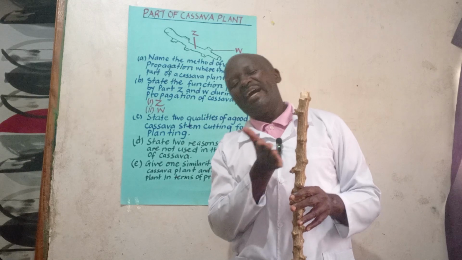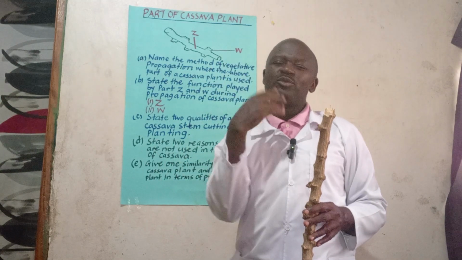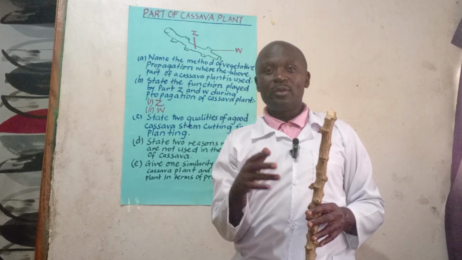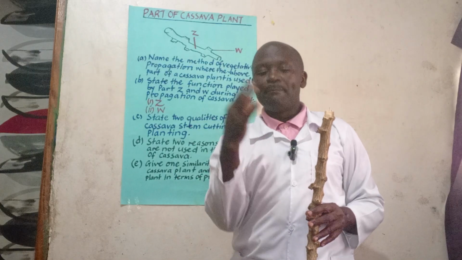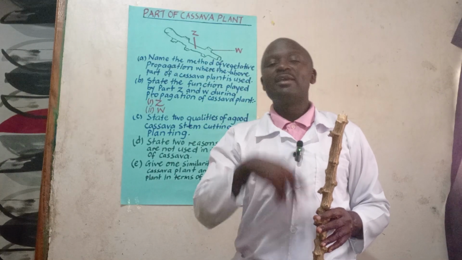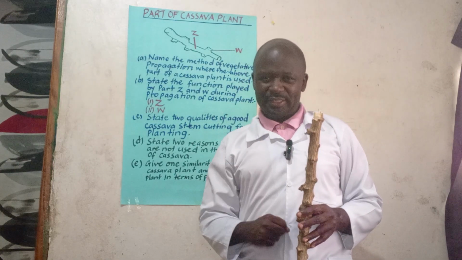Then now they will ask the opposite of the stem cutting. They want to see whether the teacher helped these learners to know that much as cassava plants have seeds, why is a stem cutting preferred instead of seeds?